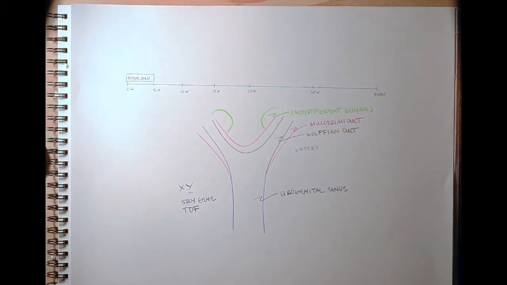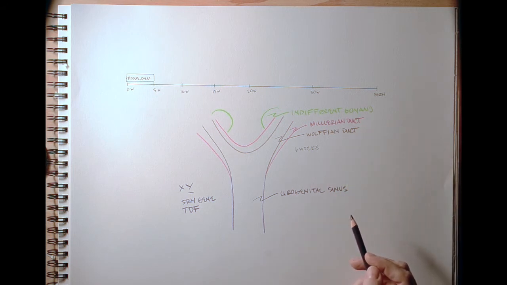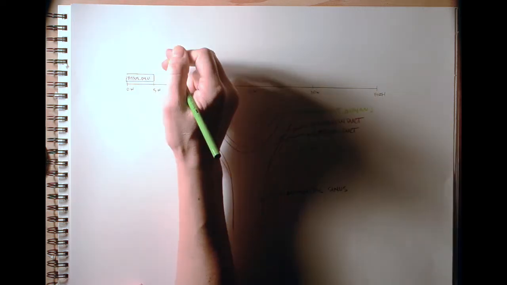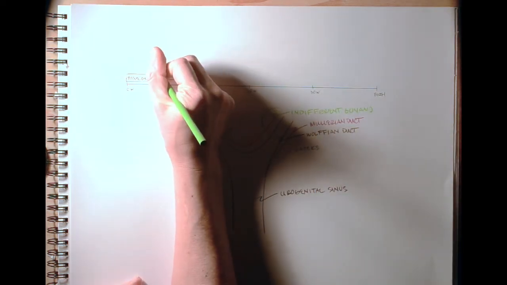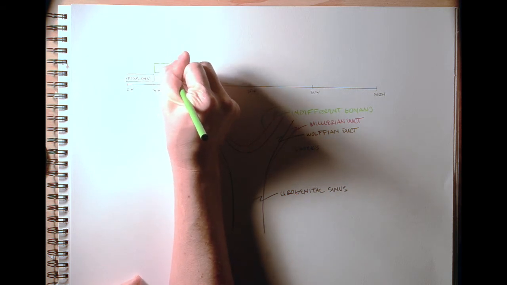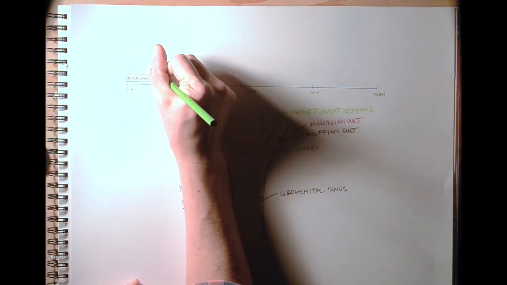And so in the genetic male, all genetic males are going to have conversion of the indifferent gonad into the testes. So we can start to differentiate these tissues again at about 6 weeks of age. So we're going to have here differentiation of the indifferent gonad into the testes.